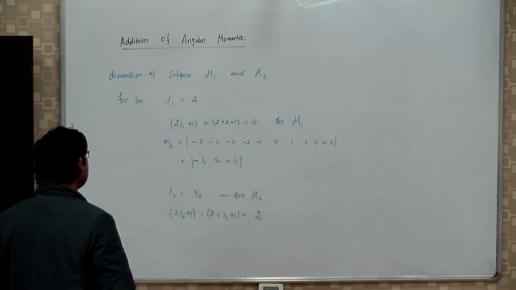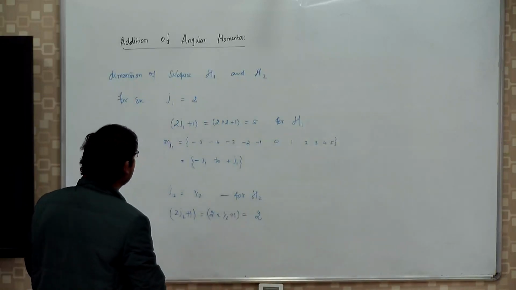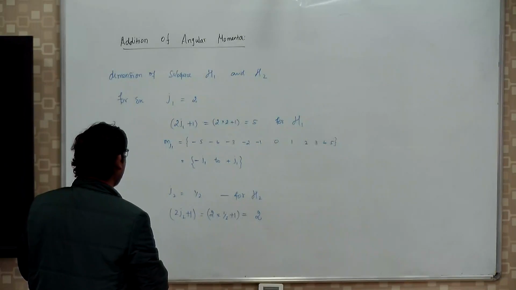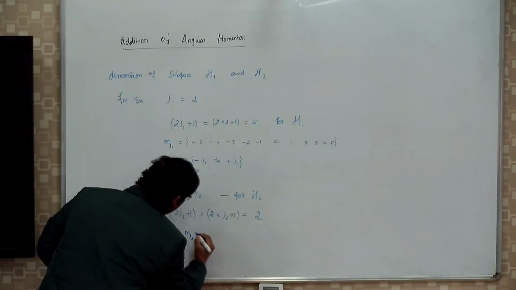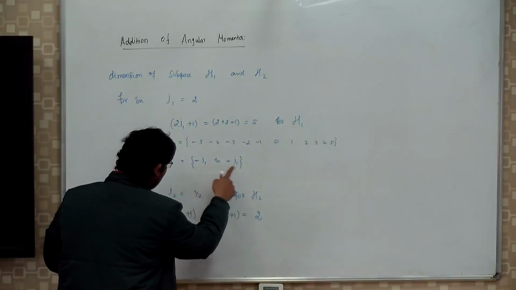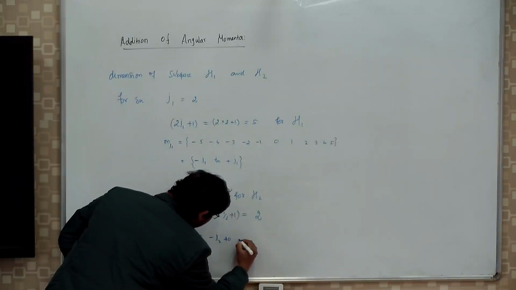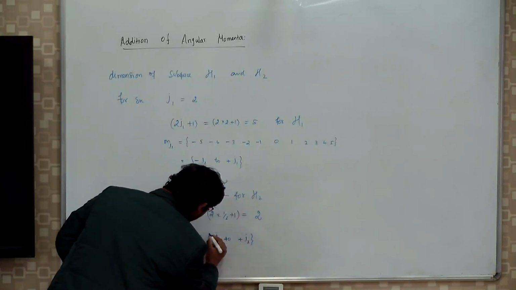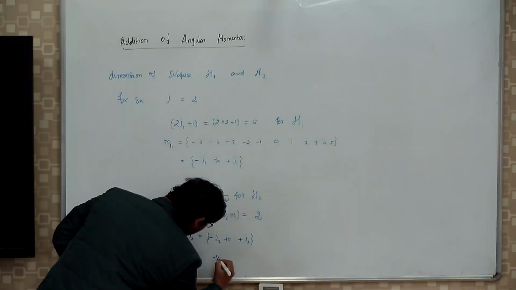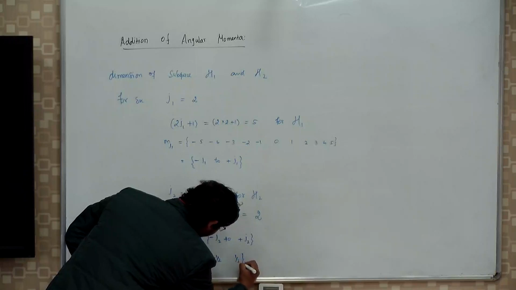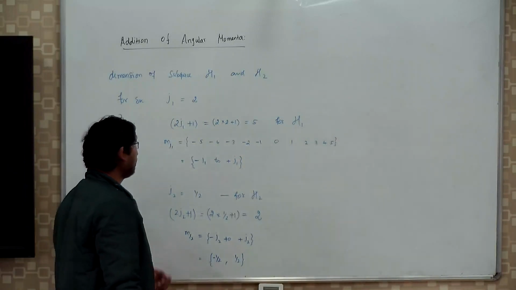The dimension of subspace H2 is nothing but 2, a two-dimensional Hilbert space. Then the value of MJ2 moves again from minus J2 to plus J2, so the values will change from minus 1 by 2 to 1 by 2. These two values only for MJ2.